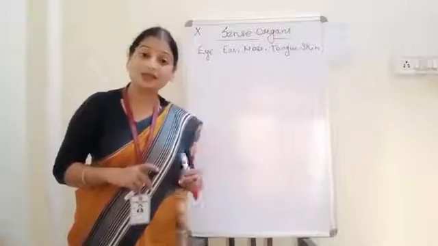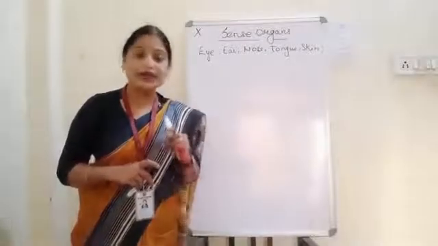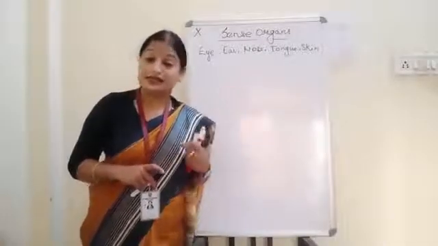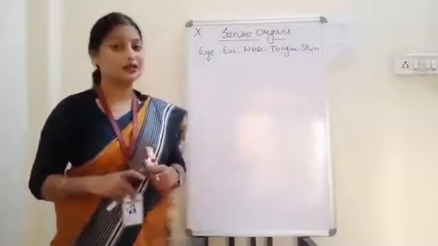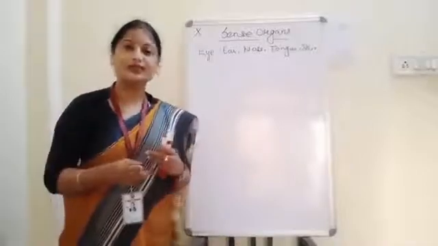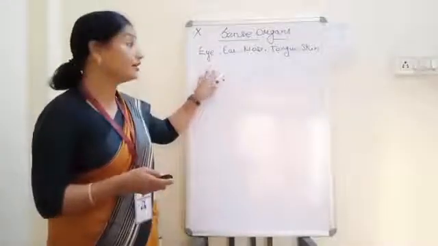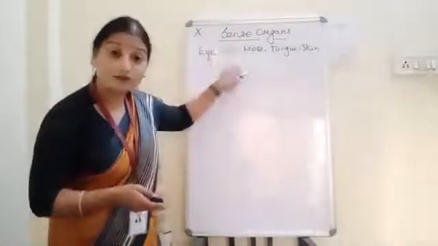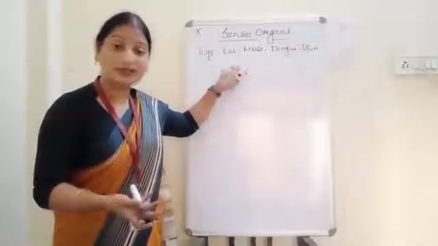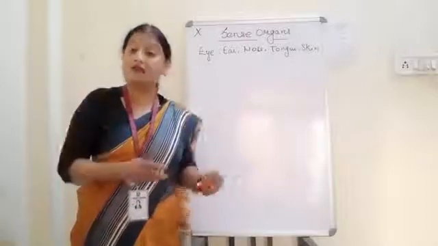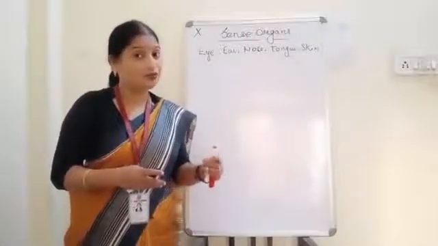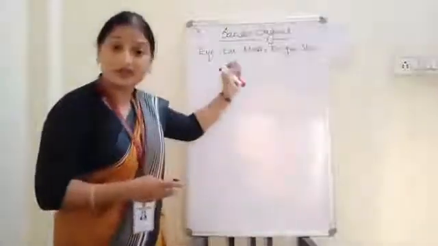That sensation is the stimulus. Anything that we get from the environment is called the stimulus. So, in other words, these organs show some response towards the stimulus that we get from the environment. And that's why they all are called the sense organs.